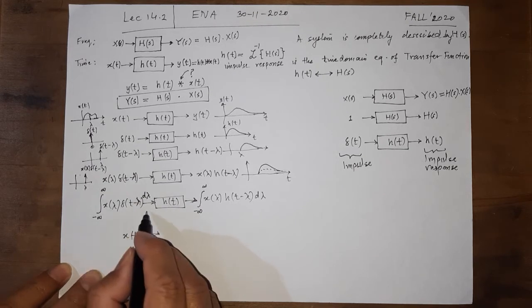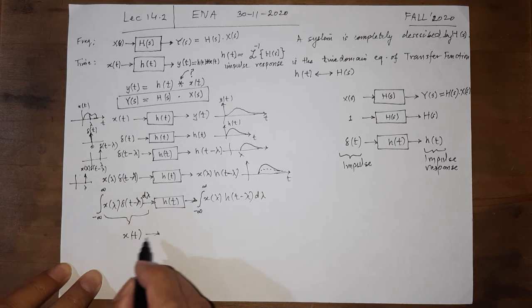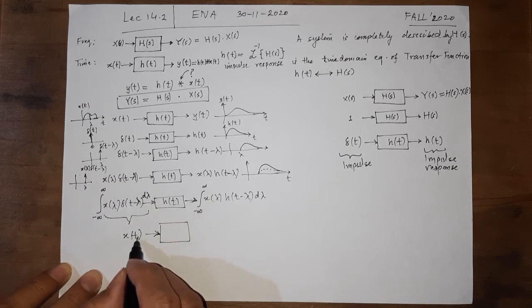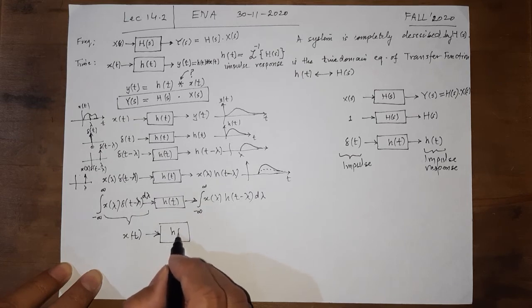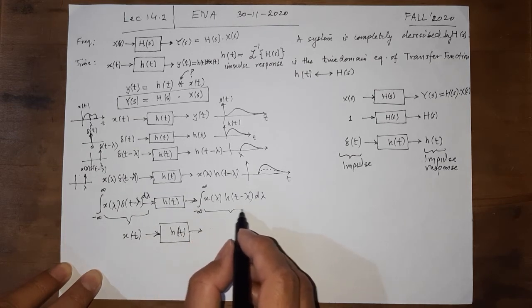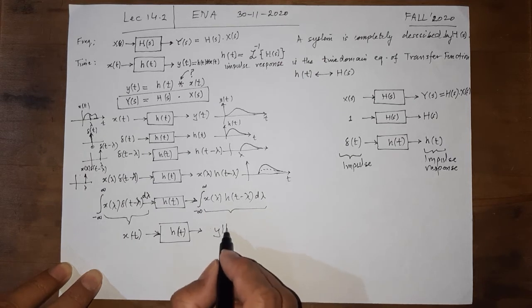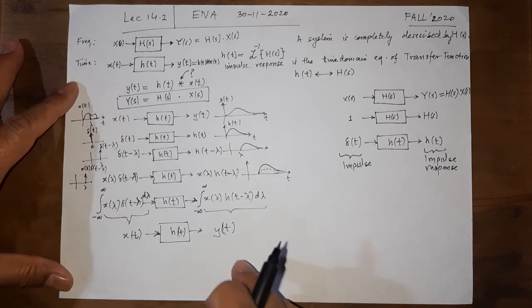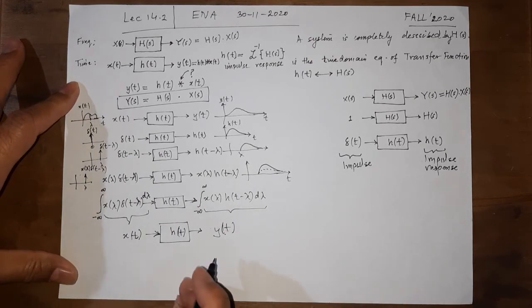So what is this thing? This thing is x of t. So basically this is a function of time that we are interested in, the same system. So this must be y of t, and this is what we are after. This is indeed what we are after.